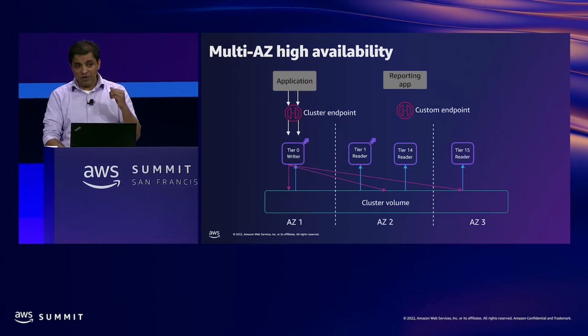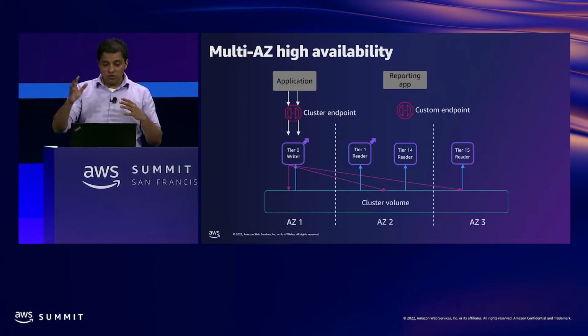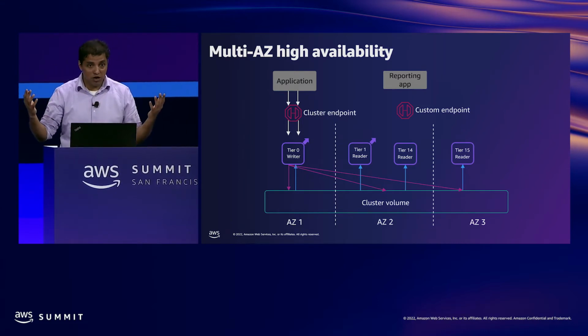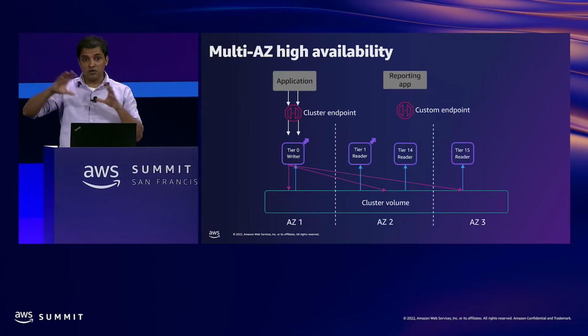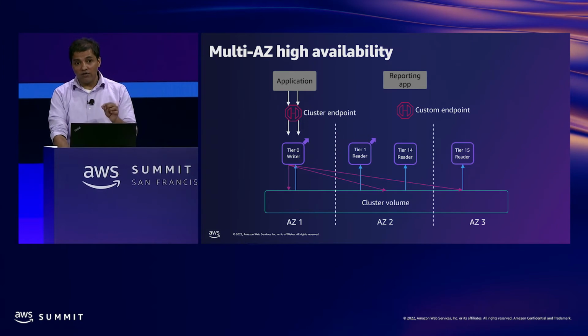So what will happen is, as the writer gets the workload, the tier 0 writer is going to scale, as we've been talking about, as the load comes in, it'll scale in and out. But also the tier 1 reader, which is your failover target, will also scale in tandem with your writer, right? As long as you have a reader with tier 0 or 1.